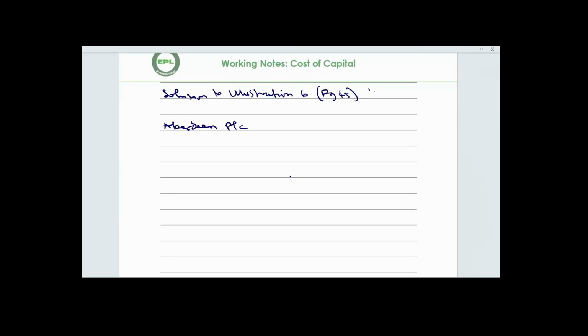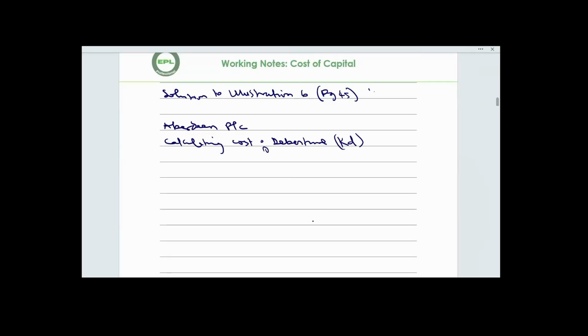So number 1, we have to calculate cost of debenture, which is KD. Remember, debenture is a type of debt. Requirement number one, Roman figure 1.